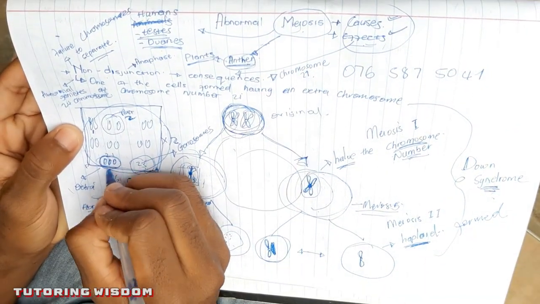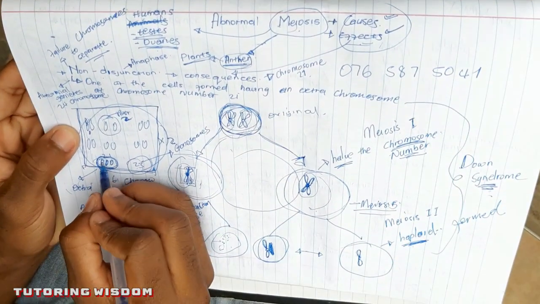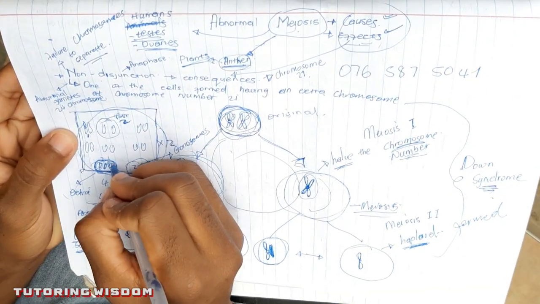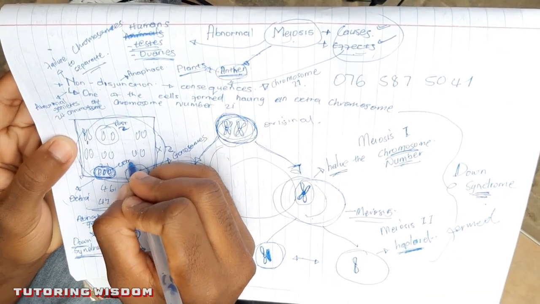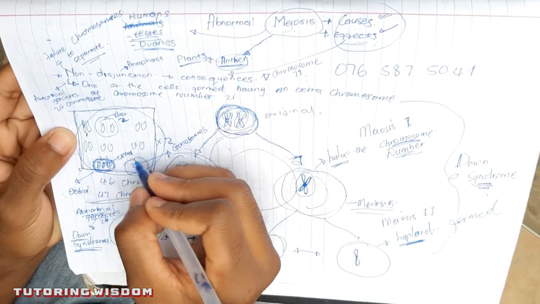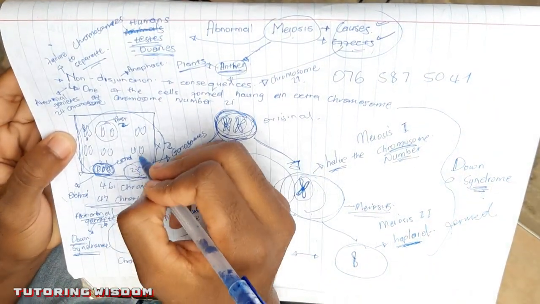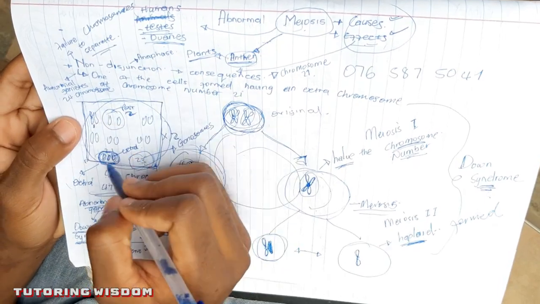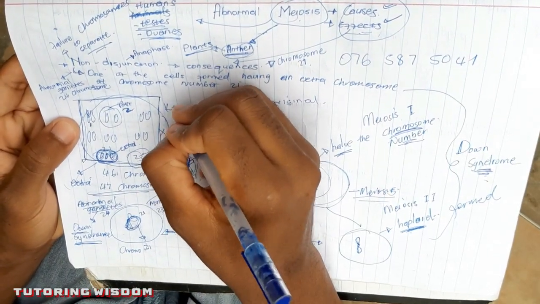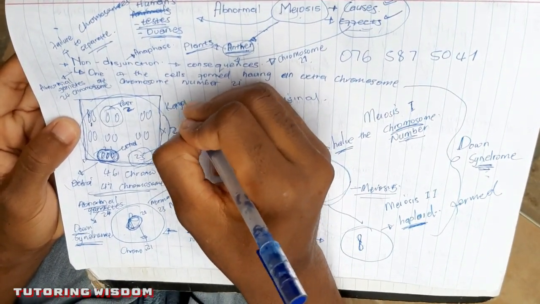But this one has 3 chromosomes, which means there is an extra chromosome. So that's how you identify Down syndrome or non-disjunction on a karyotype, right? This is a karyotype.